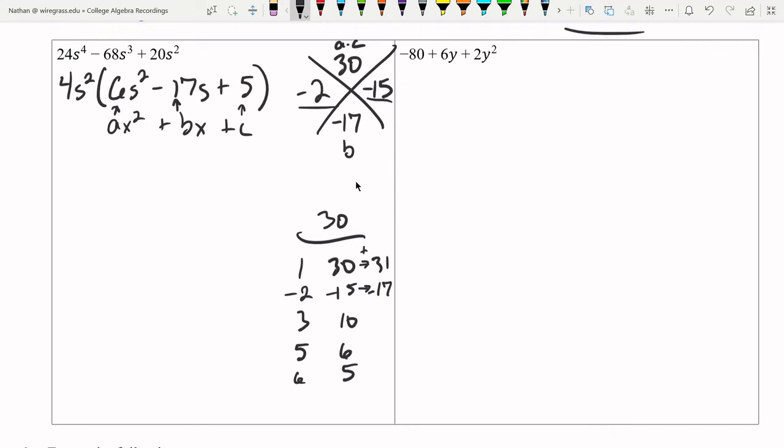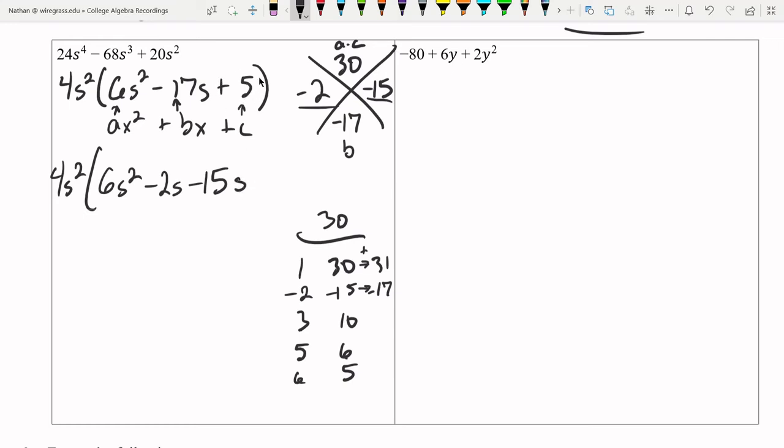Okay, with those two special numbers found, now we can continue the AC method. So I'm going to write this 4s squared still, that hasn't been changed. And now I'm going to write this first term, 6s squared. Then I'm going to write negative 2, and I'm going to use the middle variable, which is s. Then I'm going to write negative 15, again the middle variable s.